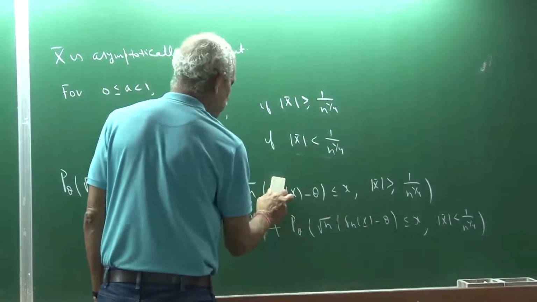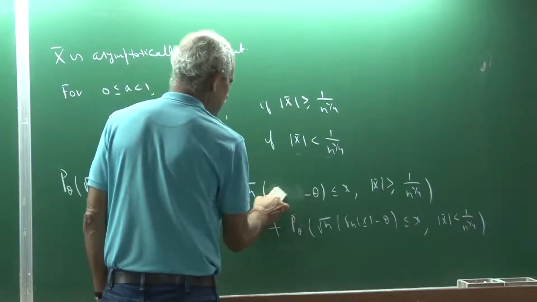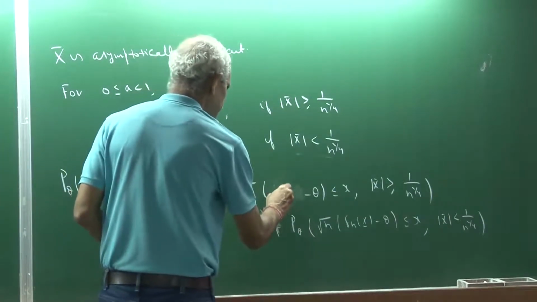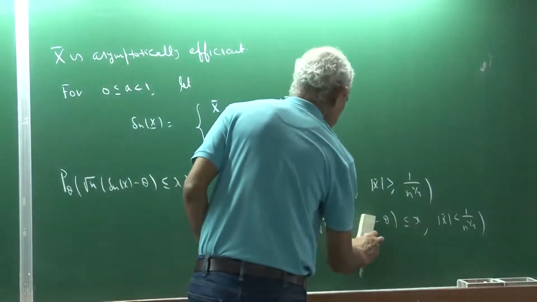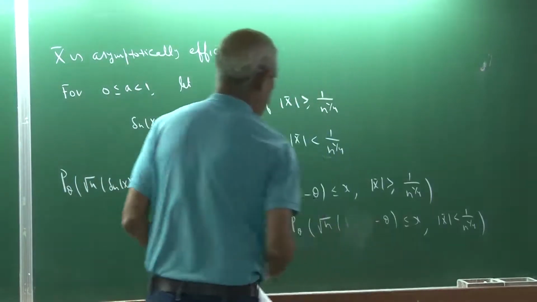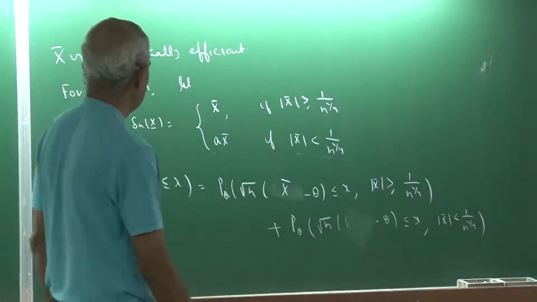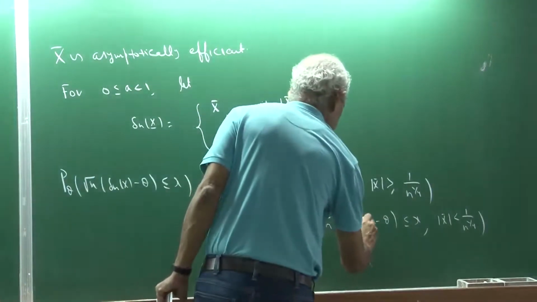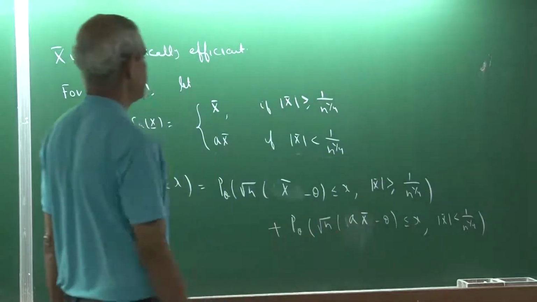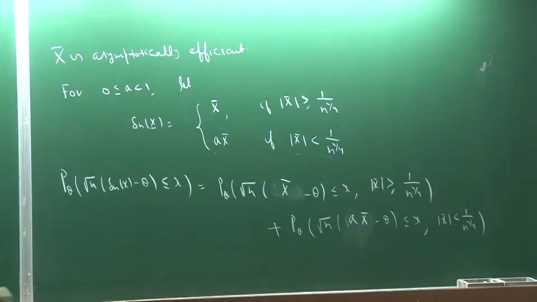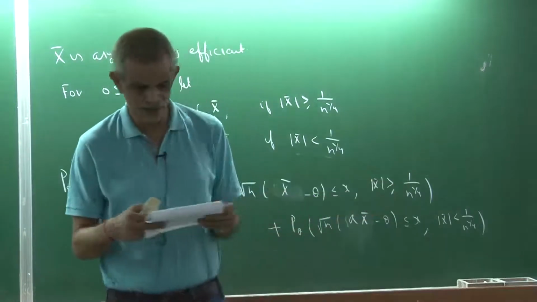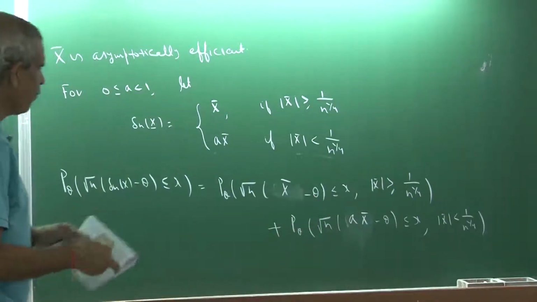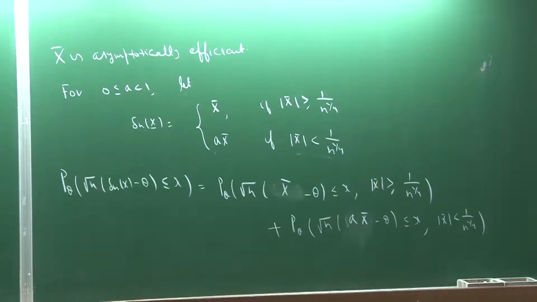So this condition imposes that delta n is the same as x bar, and this imposes that delta n of x is the same as a times x bar. Good. So now I try to see what happens with the condition mod of x bar greater than or equal to 1 upon n to the power 1 by 4, or mod of x bar less than 1 upon n to the power 1 by 4.